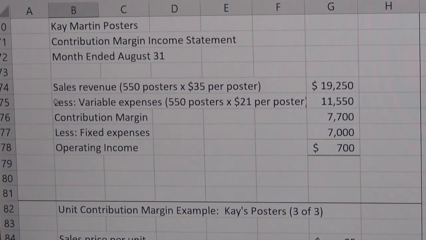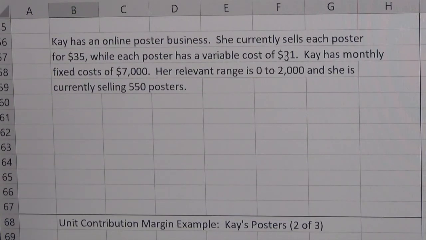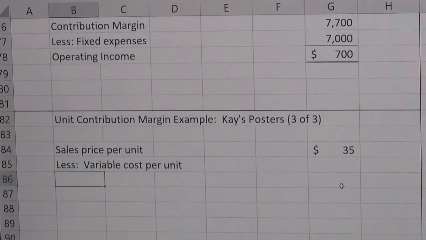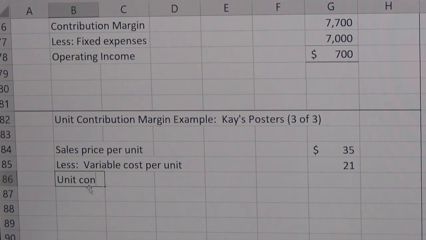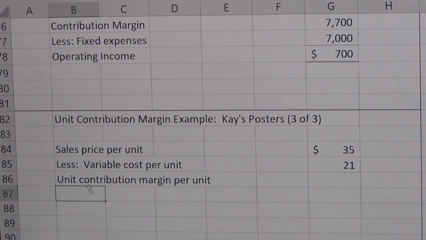We had it in the previous slide at $21, and it was also in our first slide, $21. So $21 goes there, and that equals the contribution margin per unit. $35 minus 21 gives us the contribution margin per unit.